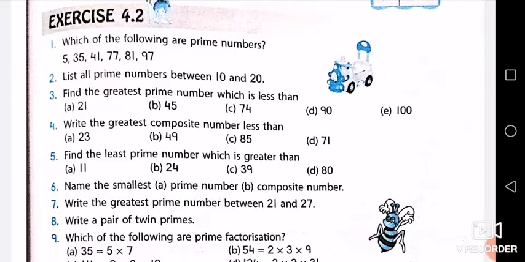So in question number 1, how many prime numbers are there? 5, 41 and 97. So you will encircle these numbers when you are doing the solution. Okay, so is this question 1 clear to you all?